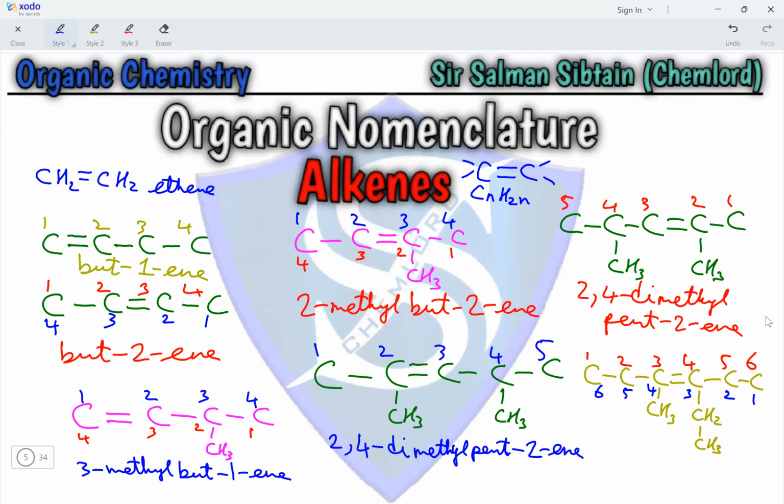Double bond's position remains the same at the third carbon atom. So the numbering from right to left would be preferred, because we would give the least number to the substituent group that comes alphabetically first. So the name of this compound becomes 3-ethyl-4-methyl hex-3-ene.